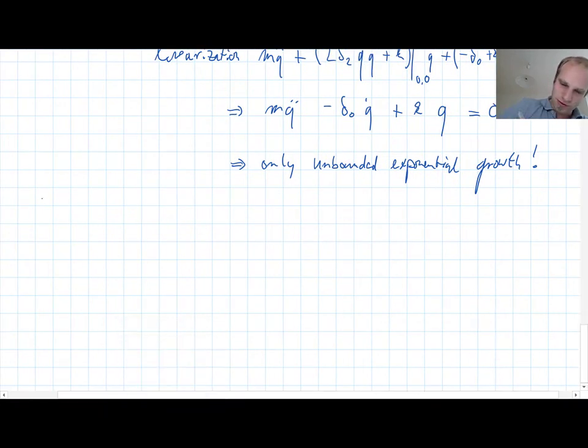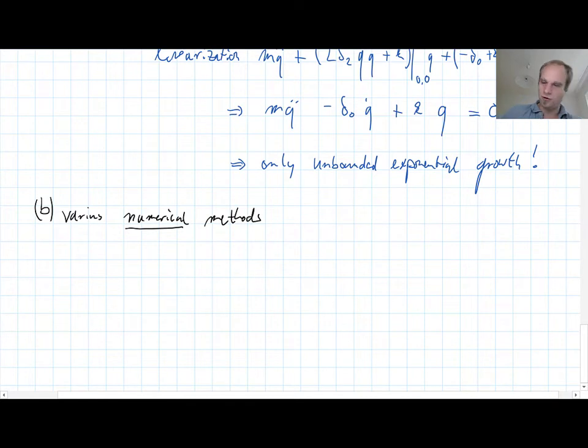Of course, the possibility is to go to numerical methods. There is a chapter about computational dynamics, so we will deal with that later, and at that point also discuss the important drawbacks and benefits, or limits and opportunities, of numerical versus analytical methods.